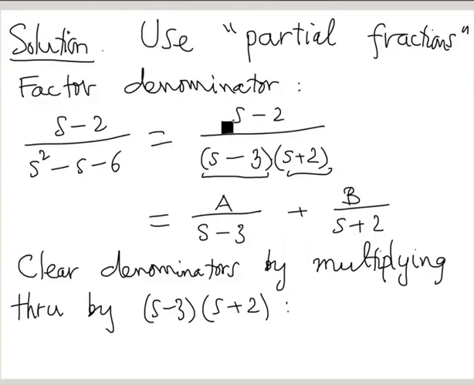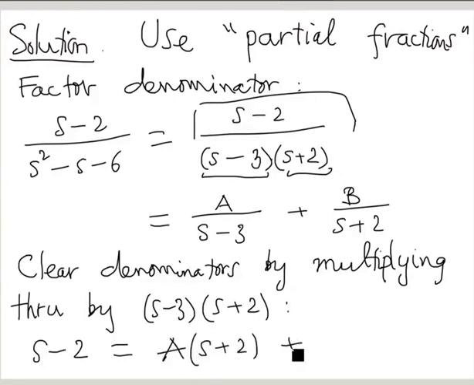So I multiply the left hand side by the entire denominator, so we only have the numerator left. On the right hand side, when we multiply by s minus 3 times s plus 2, we can cancel s minus 3 for the first factor, and we have a times s plus 2. For the second one, we cancel s plus 2, so we have b times s minus 3.